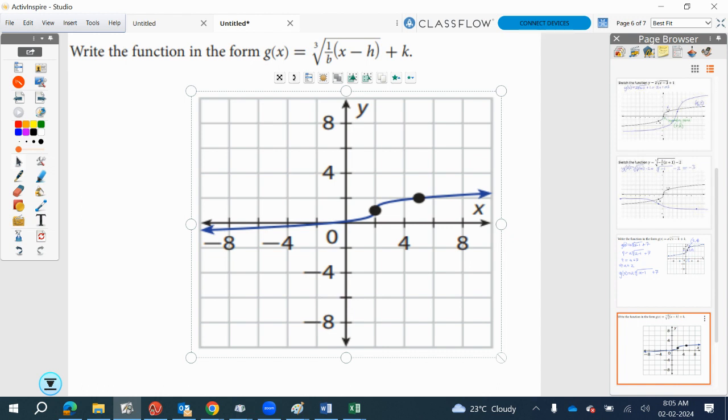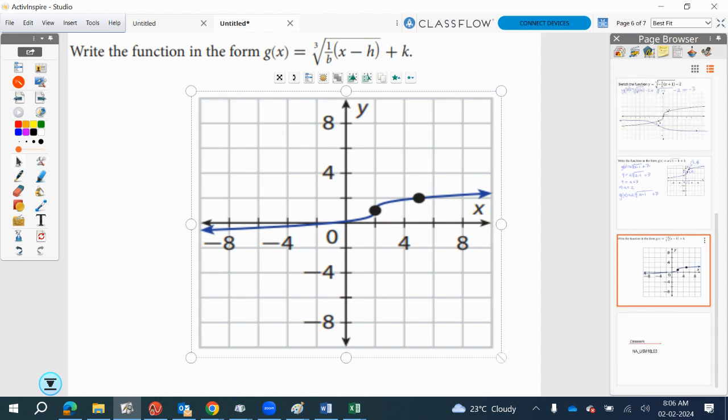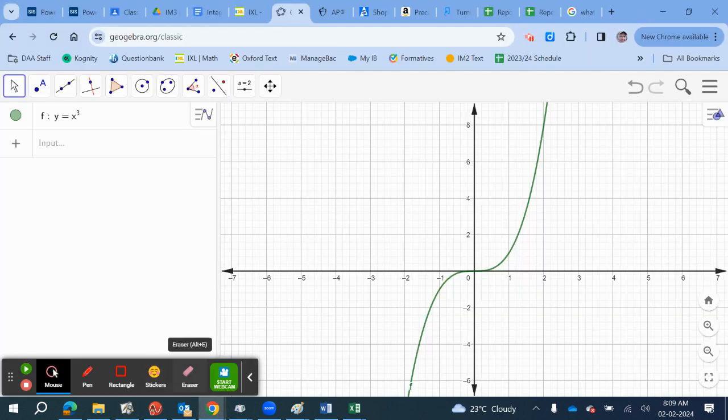If a equals the cube root of 1 over b. So I say a and I find b.